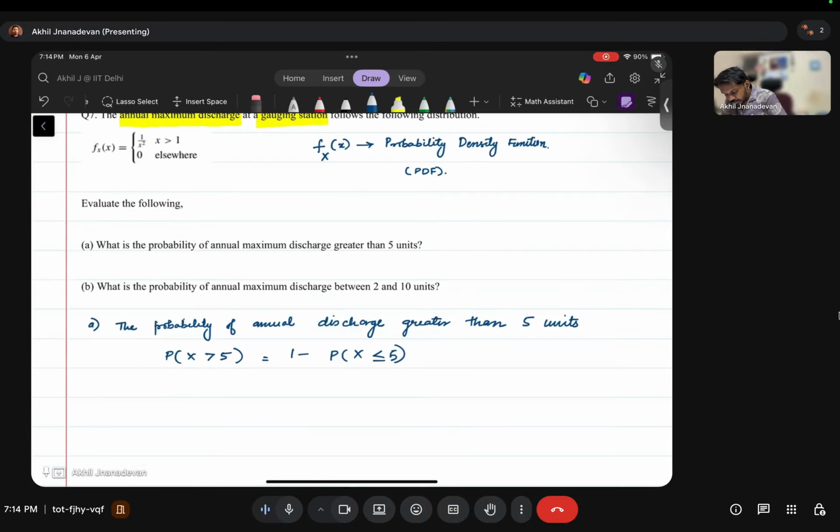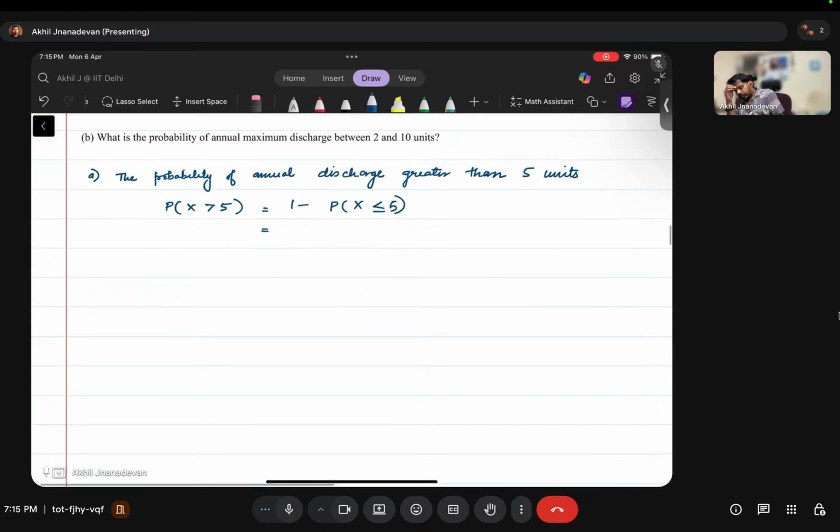When we mention probability of x less than or equal to some value small x, we can write it as the cumulative distribution function F of x, where the random variable X is equal to x, right? So this we can write as 1 minus the cumulative distribution function of x equal to 5.